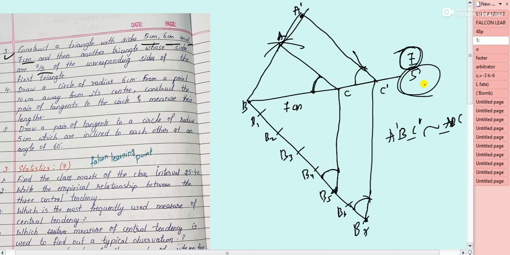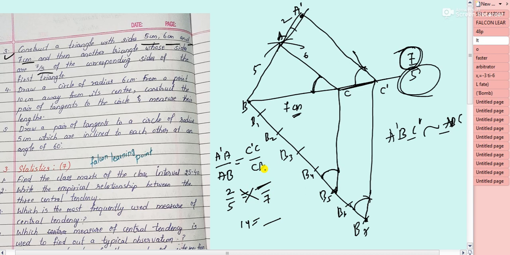And if they ask you for proof, to justify, what you can do is see that A dash A divided by AB is equal to C dash C divided by CB. You can measure and also calculate. If you are getting this as 2 and this is already, for example, 5, you can write 2 by 5 is equal to some value here and some value there, such that when you do cross multiplication you will get the same answer.